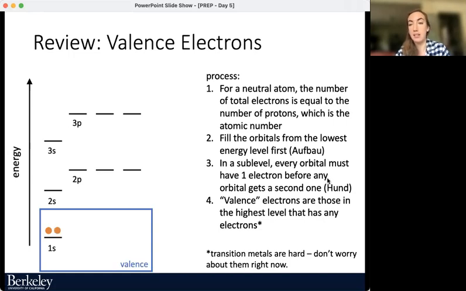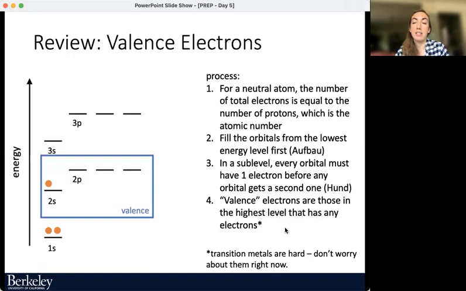And so it gets a second electron in that 1s orbital. Now the 1s orbital is full. So when we move on to lithium, which has 3 protons and therefore 3 electrons, we need to move into our 2s orbital. So now our second energy level is our valence shell.